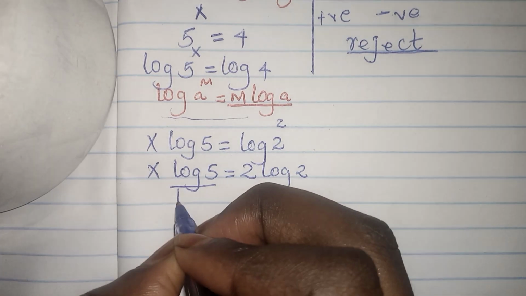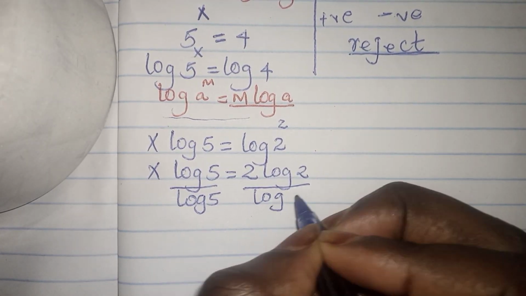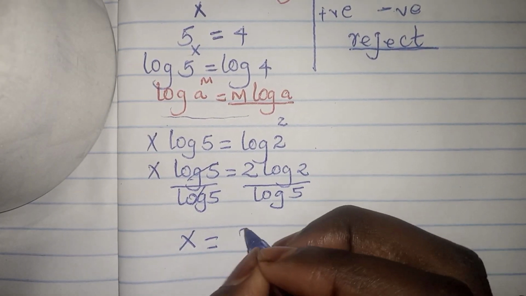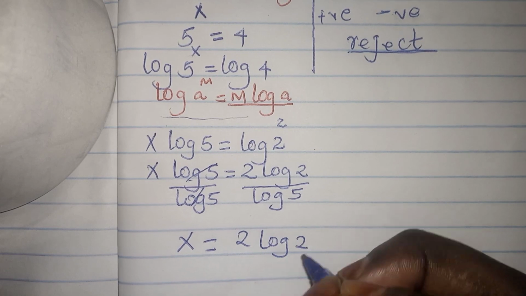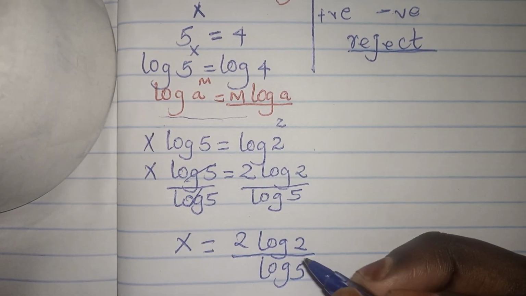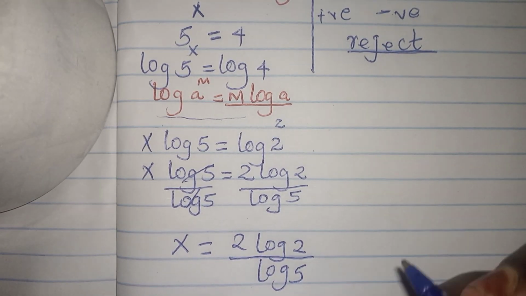I'll divide here by log 5. I'll also divide here by log 5. So this log 5 here will cancel. X is equal to 2 log 2 divided by log 5.